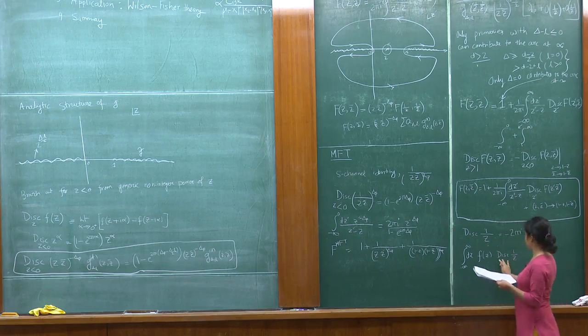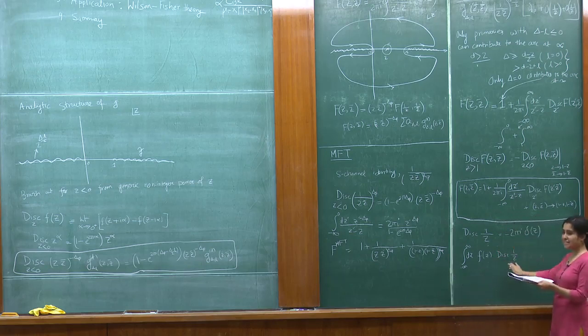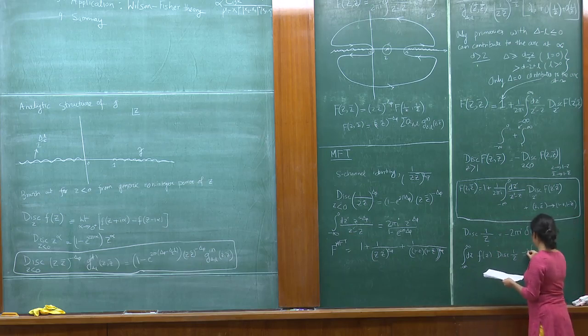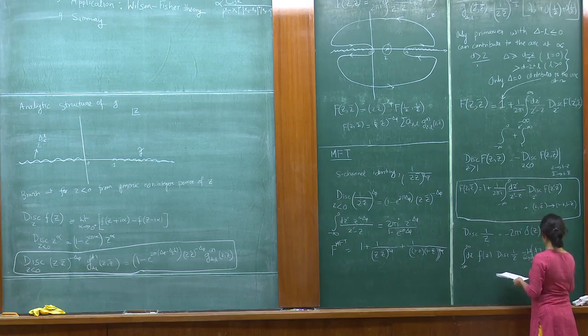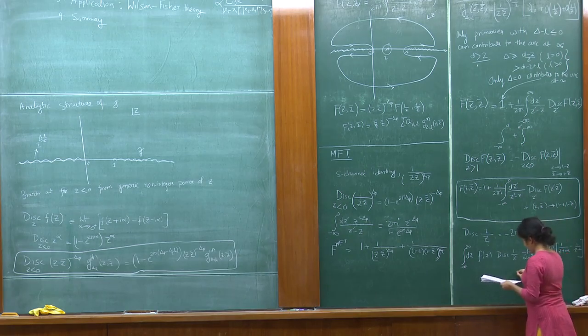Then you can just write the definition of this: the limit as alpha goes to 0 of 1 over (z plus i alpha) minus 1 over (z minus i alpha), and this gives f of 0.